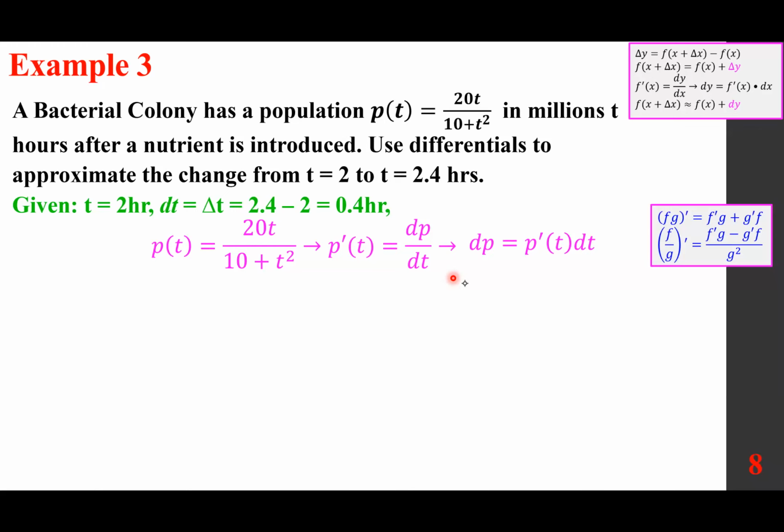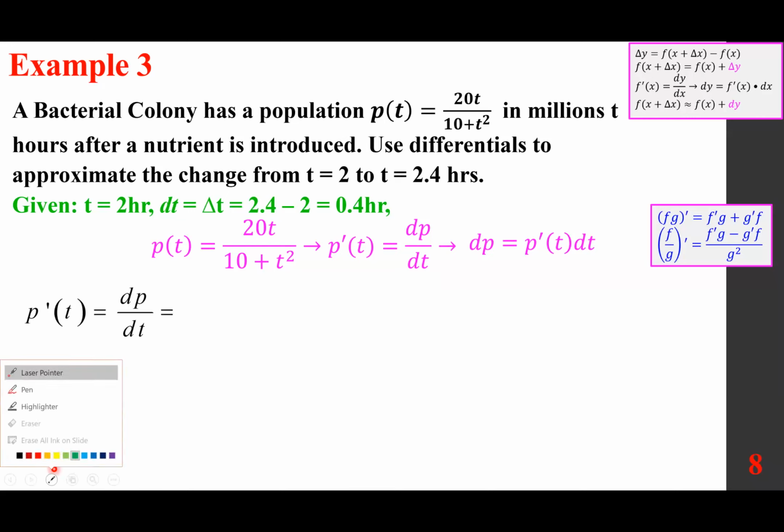So that's what we are looking for, everybody. Well, to find P prime of t or dP dt, we need to differentiate this using the quotient rule, f over g. So I'm going to write that as f prime g minus g prime f over g squared.